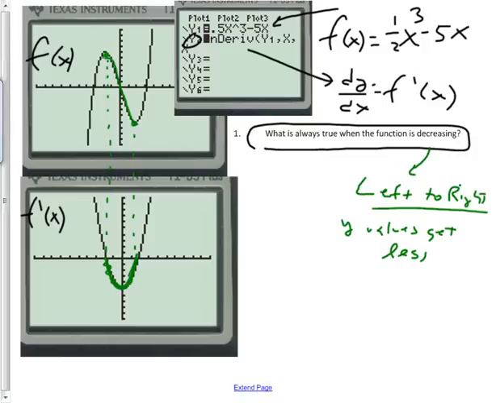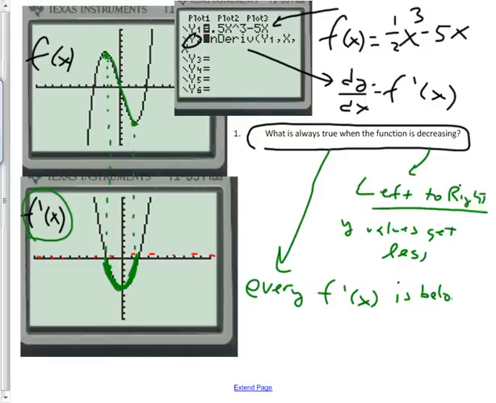So when my function is decreasing, all of my derivative values are below the x-axis. Or in other words, when my function is decreasing, every derivative value is negative. That's visually what's going on.